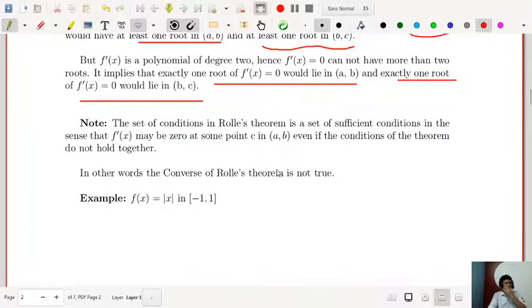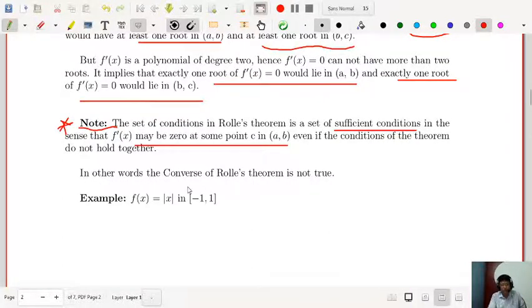Now one important observation of Rolle's theorem, a very important observation. The conditions of Rolle's theorem are a set of sufficient conditions. They are not necessary. That is, without satisfying the conditions, f'(x) may be 0 at some point c in (a, b). Without satisfying Rolle's three conditions, f'(x) may be 0.